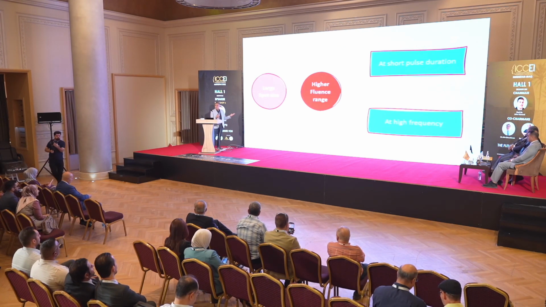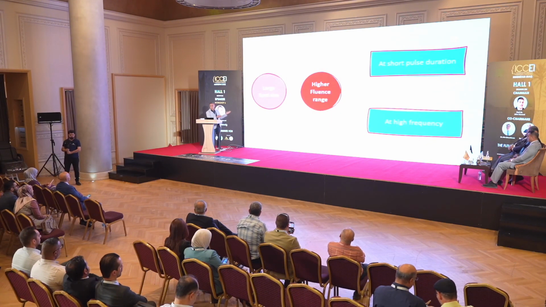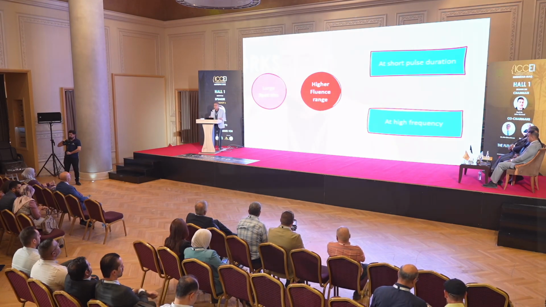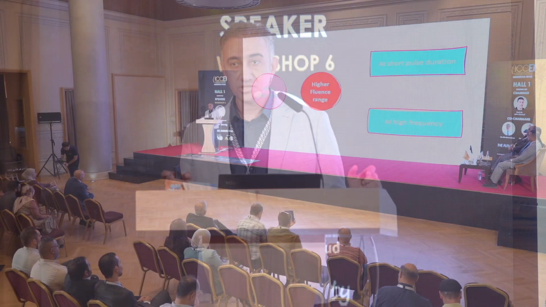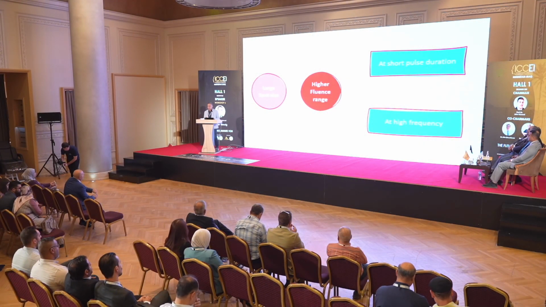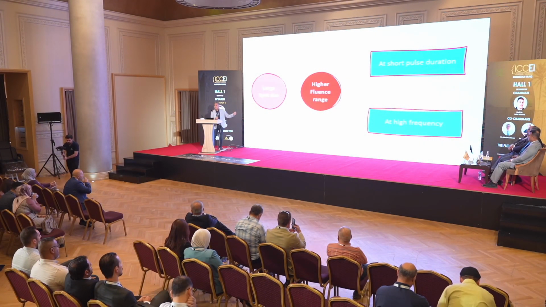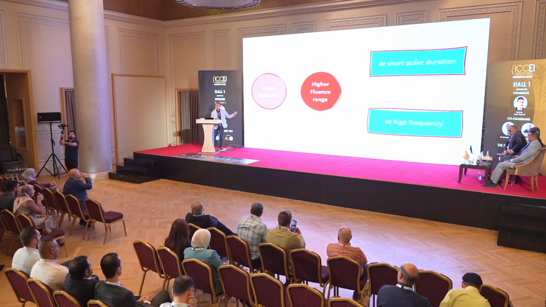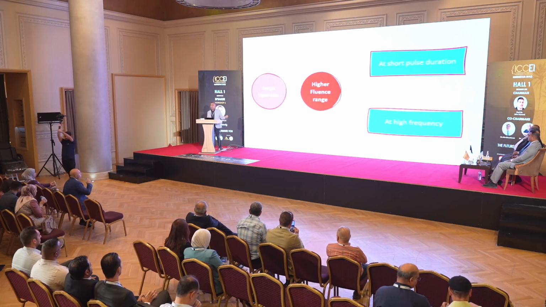To get a good device, you should have a large spot size, and a high range of fluence at short pulse duration and at high frequency, because in many devices at short pulse duration and high frequency, we get a limitation of fluence. So you need a high power device to guarantee a higher fluence range at short pulse duration and at the same time at a high frequency level.